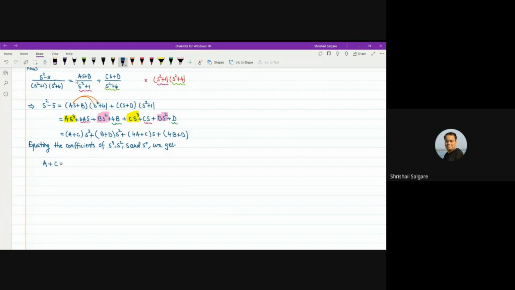A plus C, the s cube term is absent on the left side. What is the left side coefficient? 0. Very good. That is the first equation.